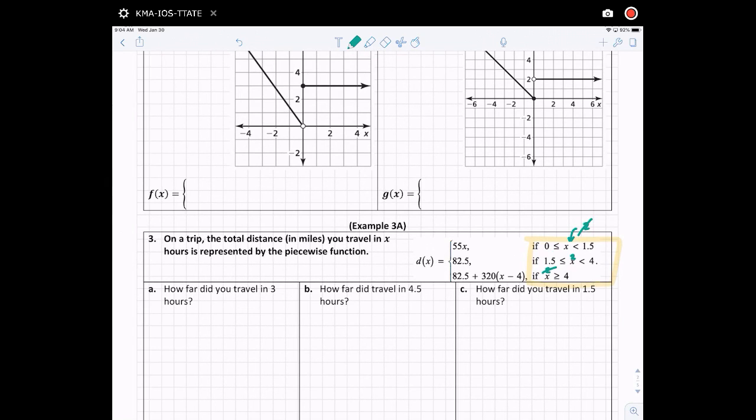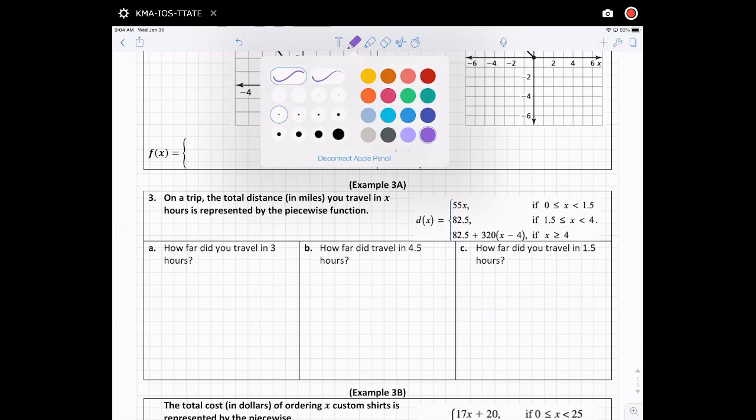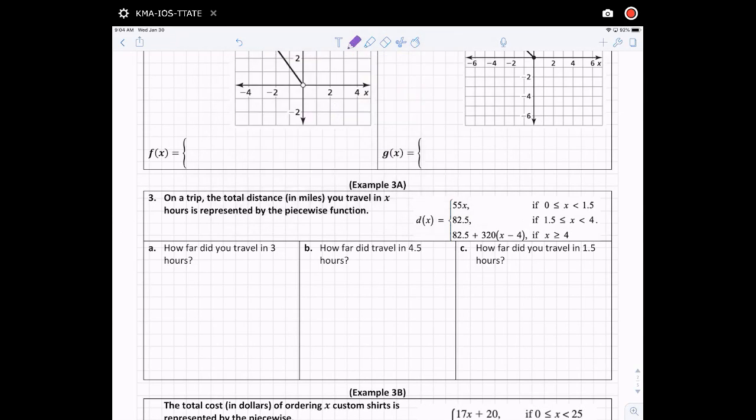Alright, let's check out A. How far did you travel in 3 hours? Well, I want to think about which equation I would need to use for 3 hours. The second one. I know it's the second one because it falls in between 1.5 and 4. So if I want to use the second one, I plug that in, and I could write it in function notation.